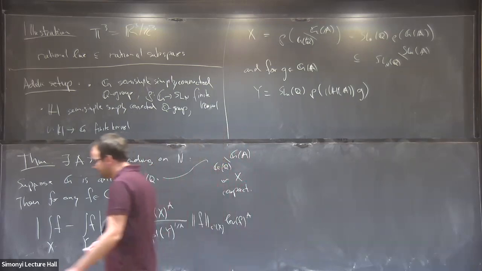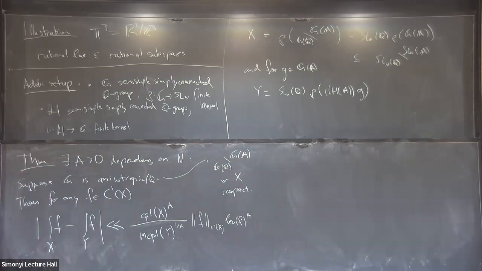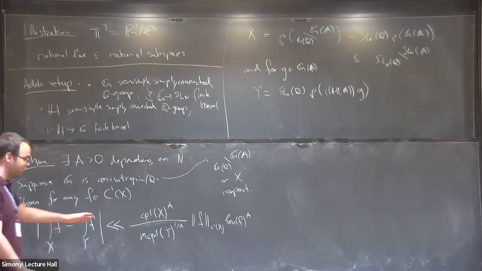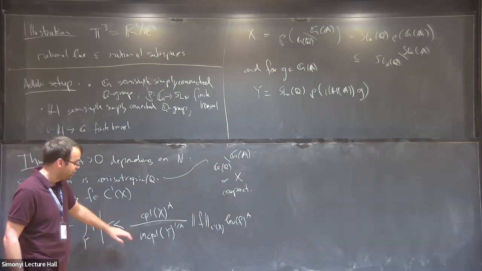So the theorem is basically quantitative. This is explicit in absolutely all of the objects that you could see. Let's maybe specify it. I will specify in a second what this means.